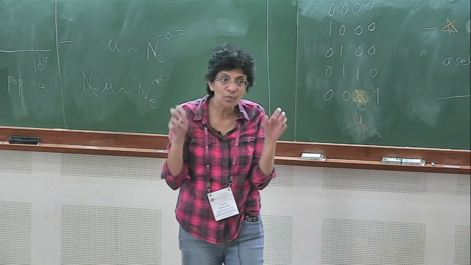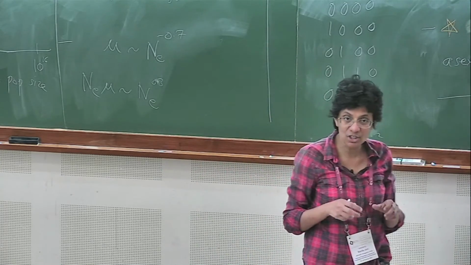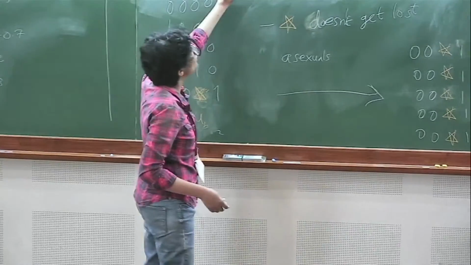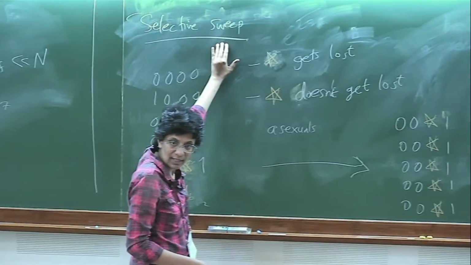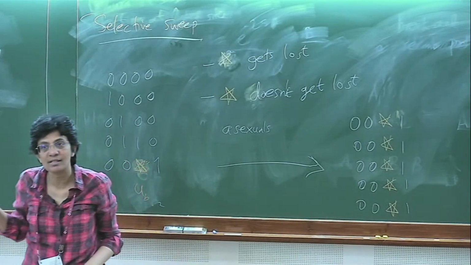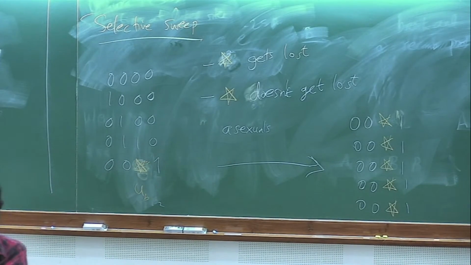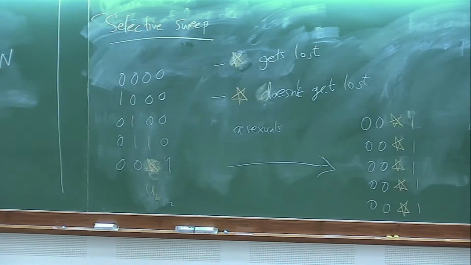So because of selection and linkage, the diversity has been swept off. That's why it's called a selective sweep. And what has that to do with Lewontin's paradox? We wanted to reduce diversity, so this is one mechanism which can potentially reduce diversity in a population.